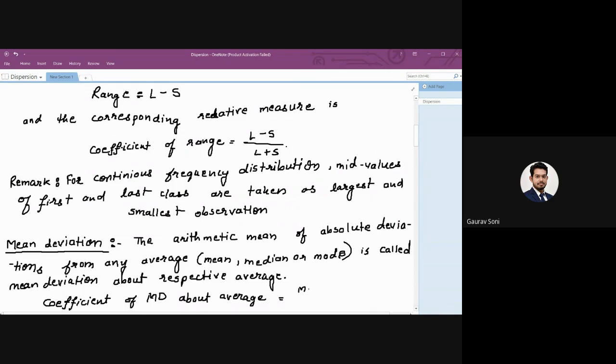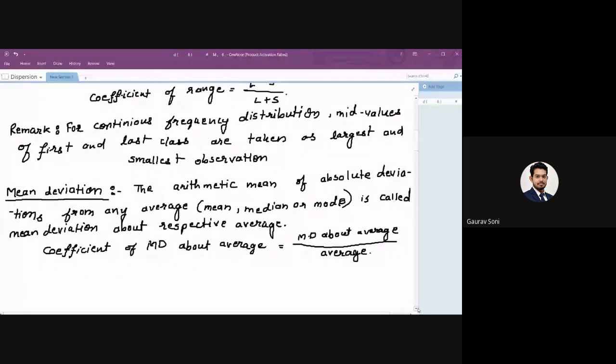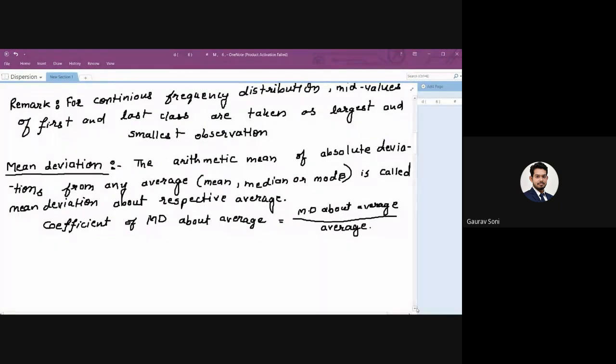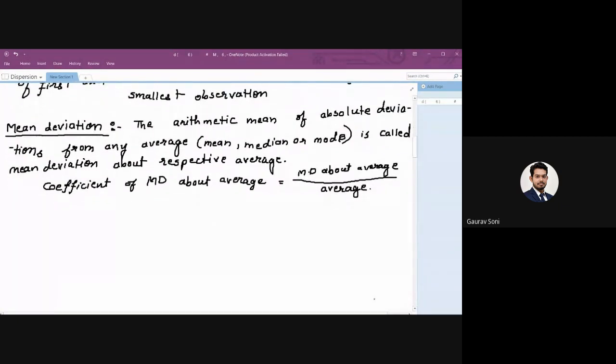So the coefficient is the mean deviation about average upon the average. Whichever average we consider, depending on that, we can always write this down. So the first case: mean deviation about mean. Let's talk about mean deviation about mean.